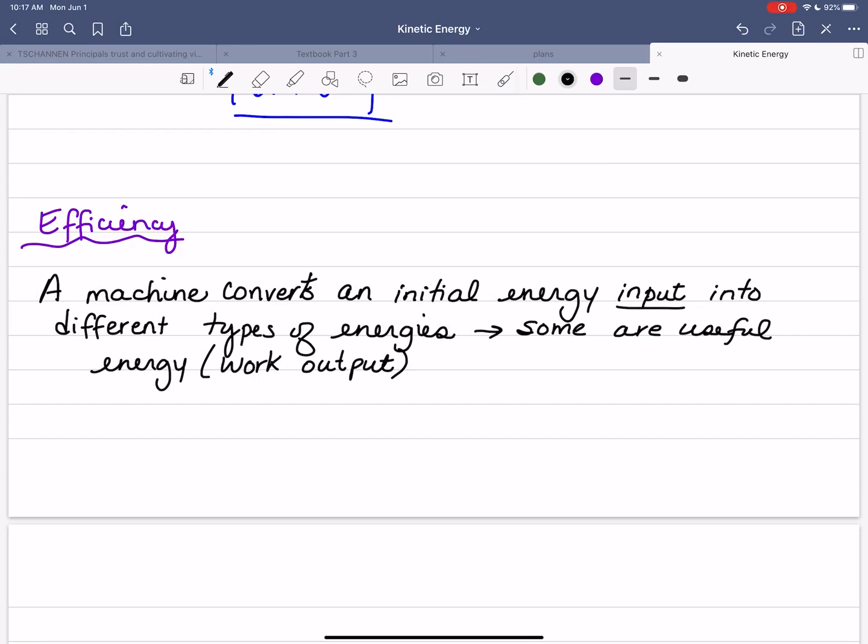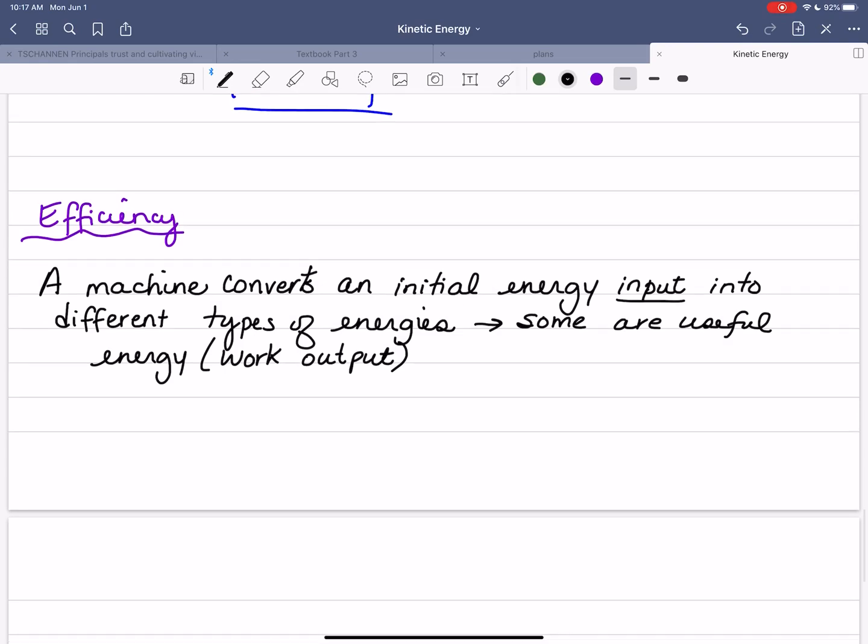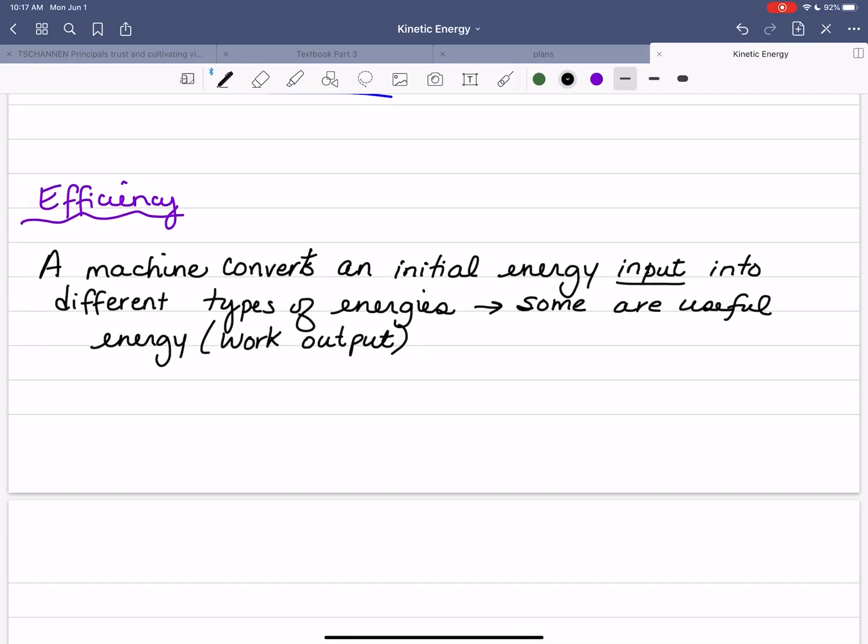But we know out of the second law of thermodynamics, the second law of energy, the first one was energy cannot be created or destroyed.